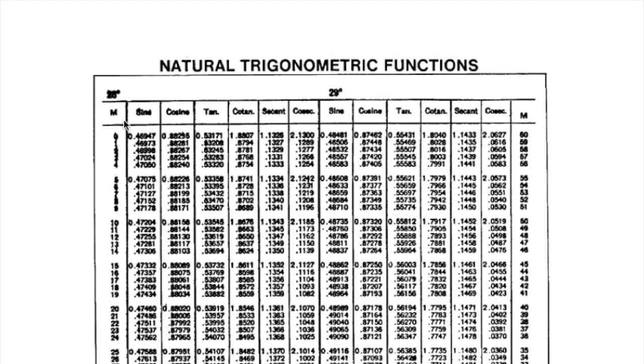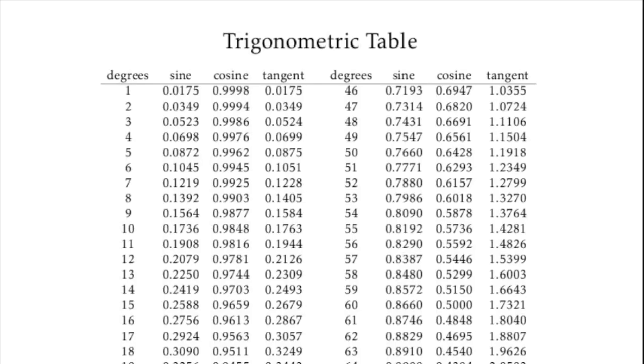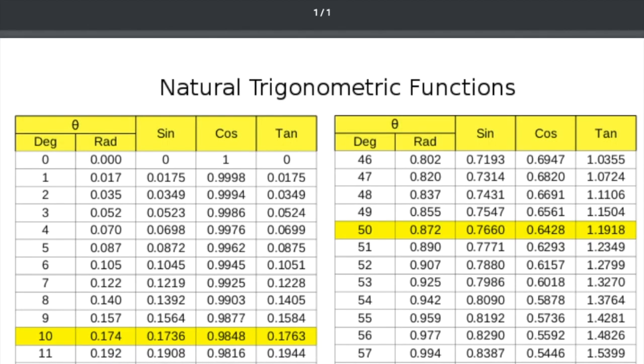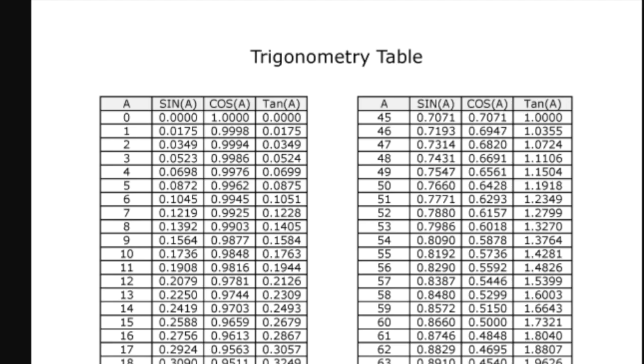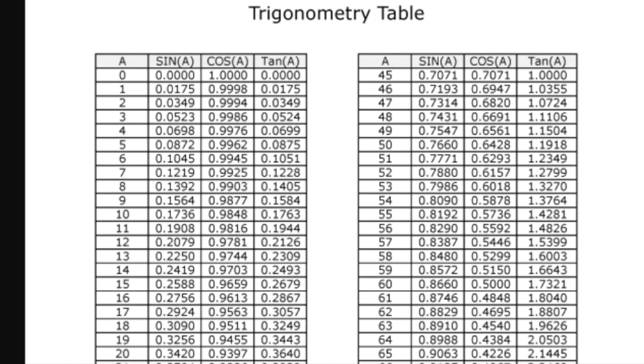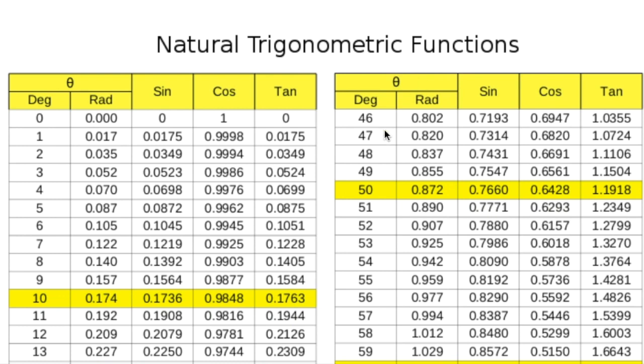So if you look at this table, it has sine right over here. These are the other trig functions that we'll talk about later. And this one's a pretty lousy quality scan, but we do have a few other options. So here is another one, and one more. I tend to gravitate towards this one.